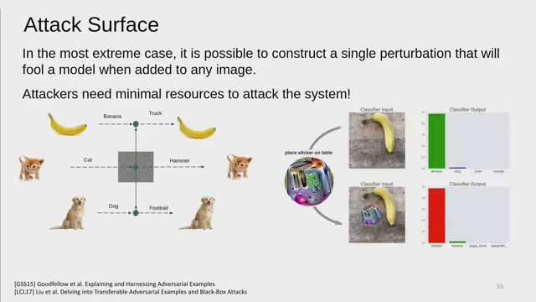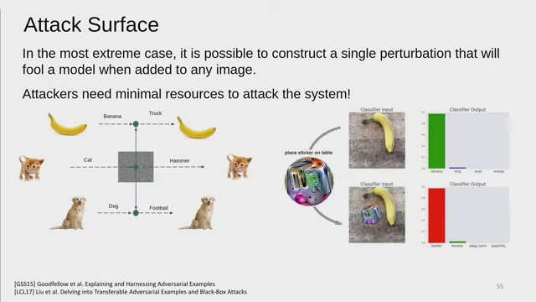Also, interestingly, it is often possible to construct a single perturbation that will fool a model when added to any image. So attackers need only minimal resources to attack the system. From banana to truck, from cat to hammer, from dog to football, with only a very slight change.